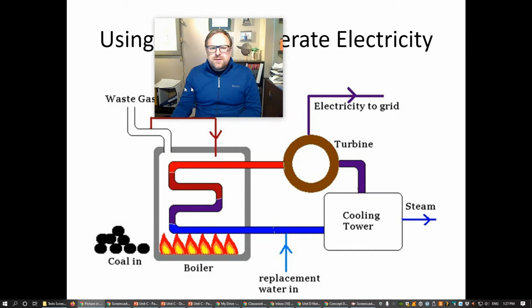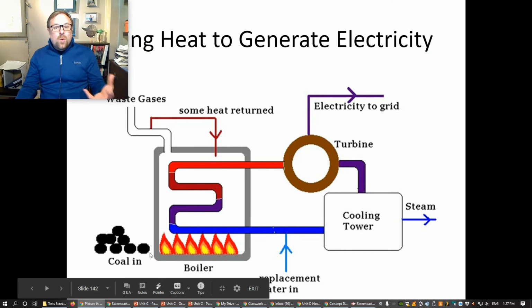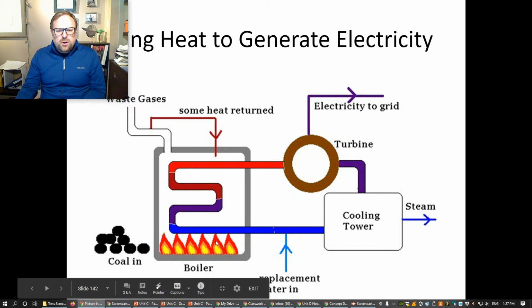so this is just a quick diagram to sort of illustrate what's going on in a coal situation. So we've got coal. We know that we crush it up into a powder. We put it inside the boiler. It burns.